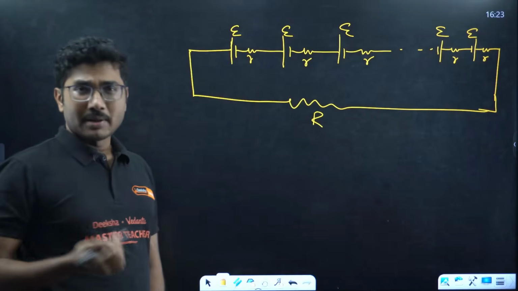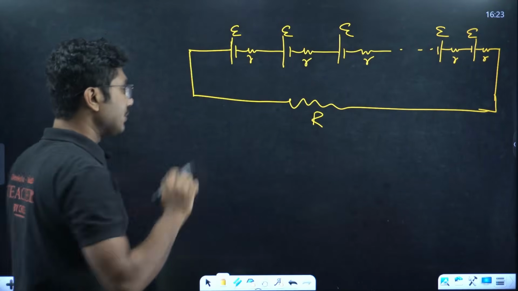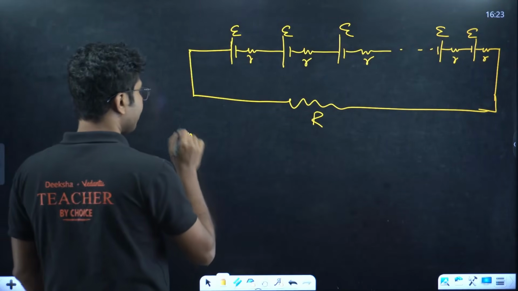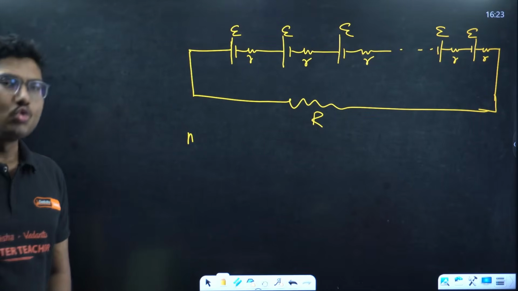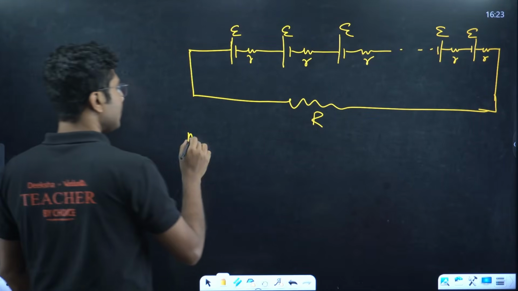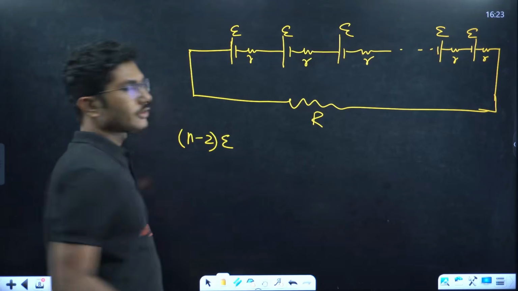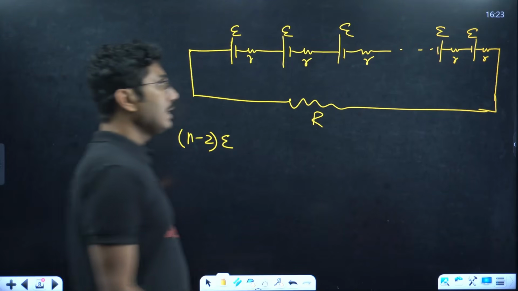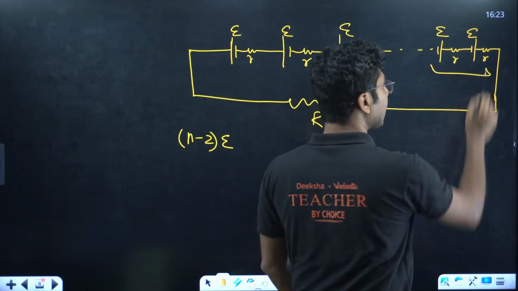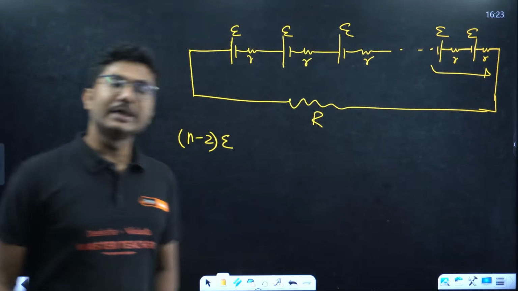How many of them are properly connected? It was mentioned that there are N cells, out of which 2 are wrongly connected. So N minus 2 are properly connected, right? But 2 of them are wrongly connected, and that you cannot ignore. They are actually in reverse order.